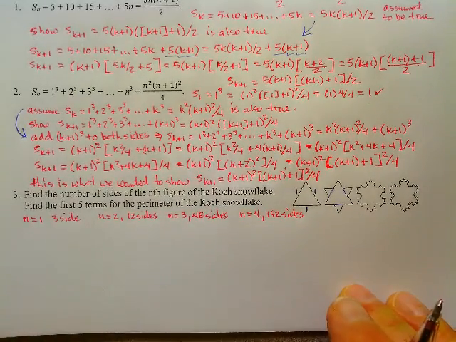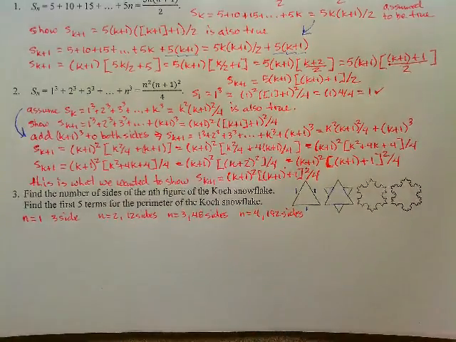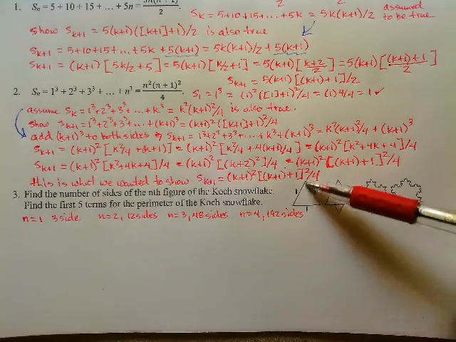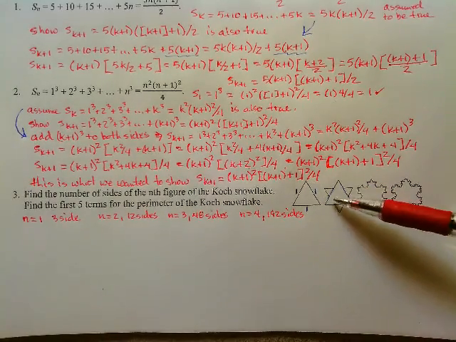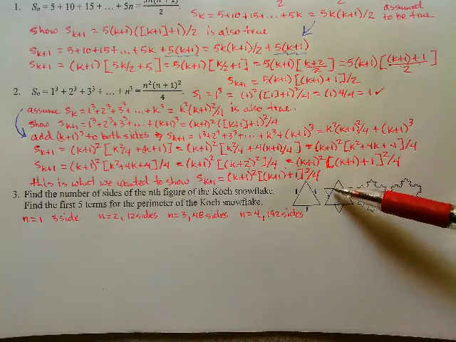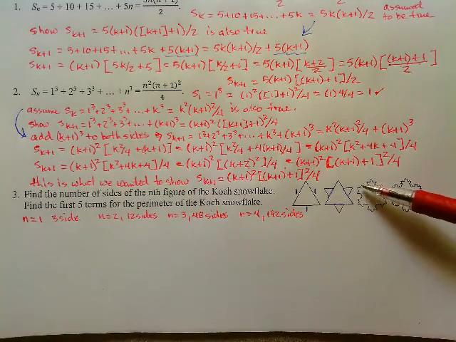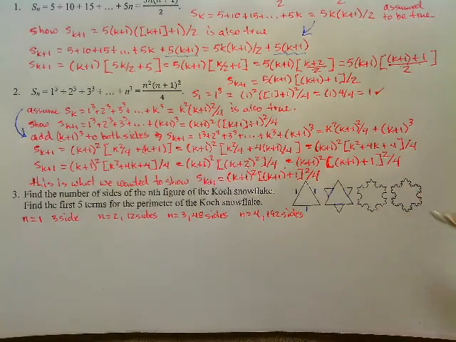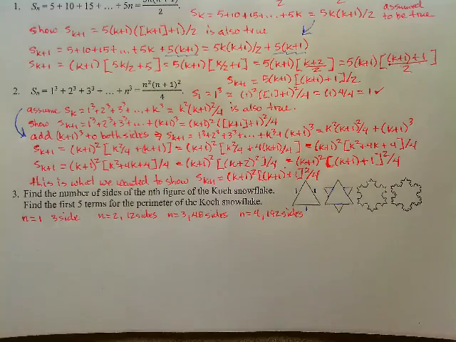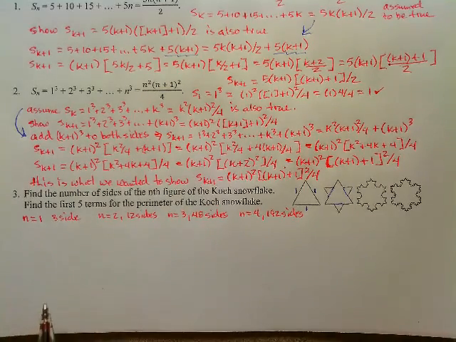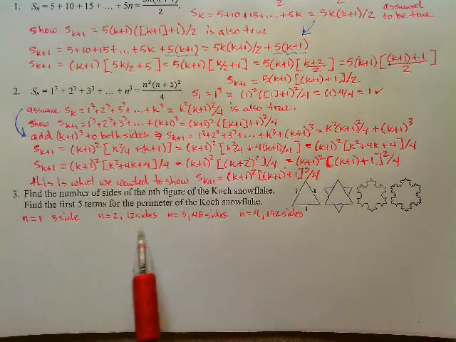At the same time, each of those sides is getting smaller. Here, each one was a 1, but here, each one of these is a 1/3. Then you go 1/3 of 1/3, so each one of these would be a 1/9, and then 1/27, and so forth.